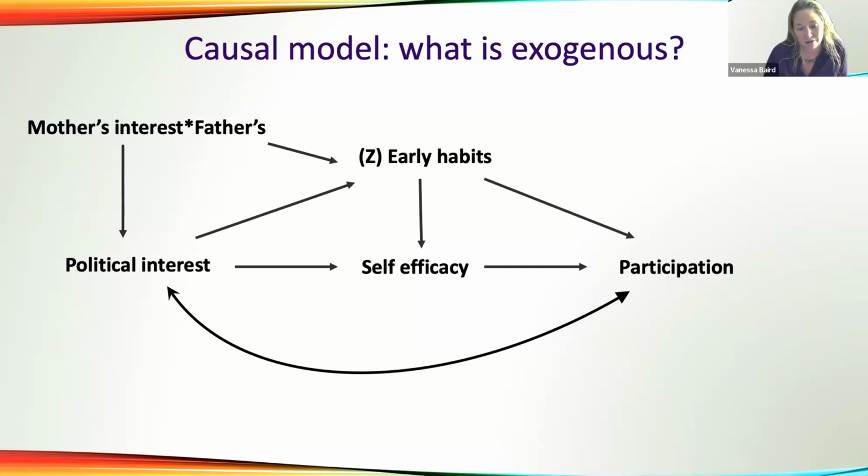And if your father or second parent is also interested, all the better. People develop a political interest at an early age. And Marcus Prior has written a book that shows that in panel studies, after you're 18, participation actually causes your interest more than the other way around. It's kind of interesting.